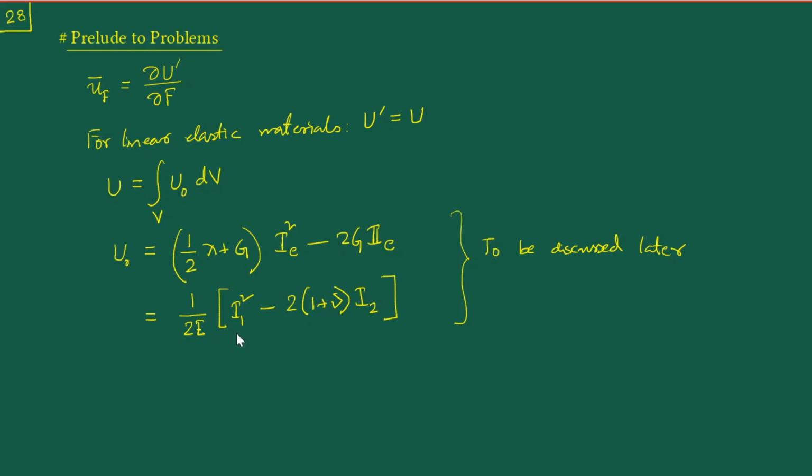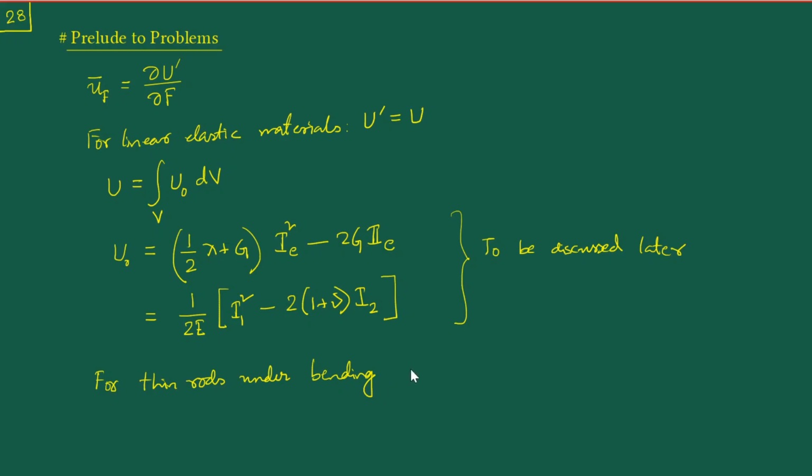The rest of the normal stresses as well as the shear stresses which would be involved in this expression of I2 are non-dominant. In such a scenario, for thin rods under maybe axial loading or bending, let's consider bending because this will be the case for which we'll develop our formula subsequently.